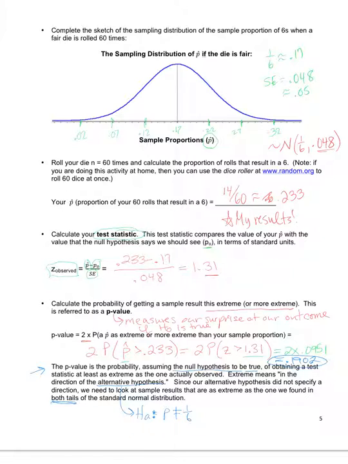What we want to keep in mind, this is important, is that the smaller your p-value, the rarer the result is going to be if the null hypothesis is true. In other words, if your die is fair, it's very unlikely, it's going to be very rare that you get an extremely high proportion of 6s or an extremely low proportion of 6s.